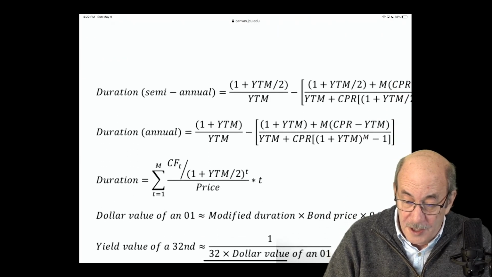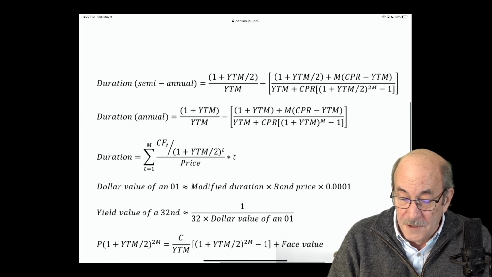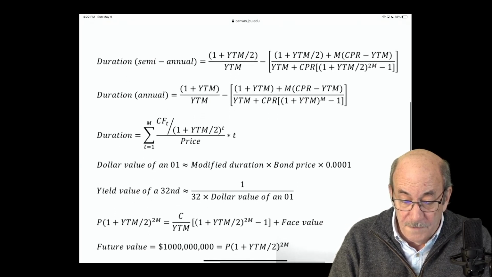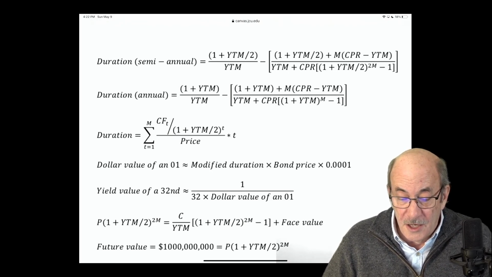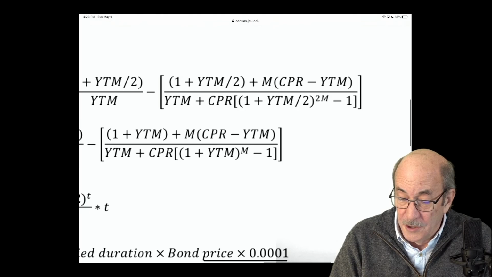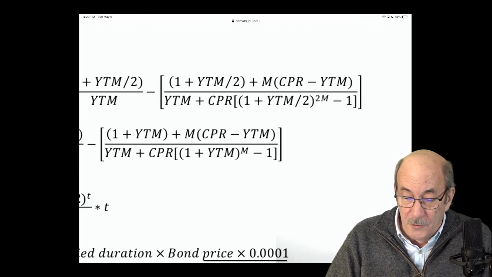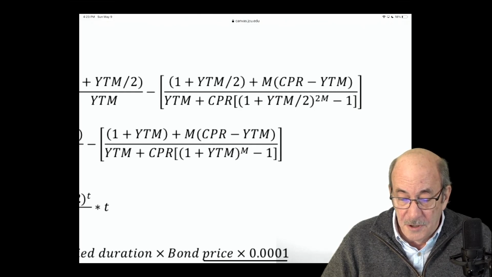If you have a bond that is priced at other than face value, then you have to use one of these two. The top one is assuming semi-annual, and the bottom one is assuming annual. The key here is that you're putting in the CPR, your coupon rate, and your YTM is your annual yield.